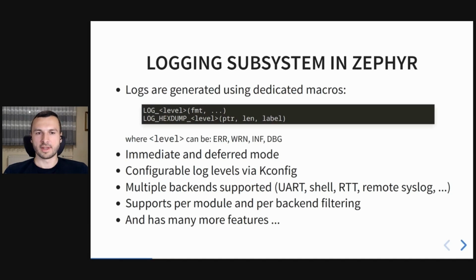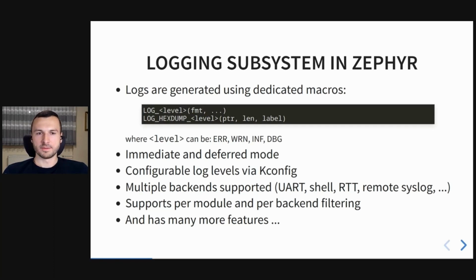And then there is the log hex dump, which is a dedicated macro to dump memory contents or buffer contents. So the contents of the memory in binary form are presented to the user. This is especially useful when debugging UART, SPI, or I2C buses and developing Zephyr drivers.